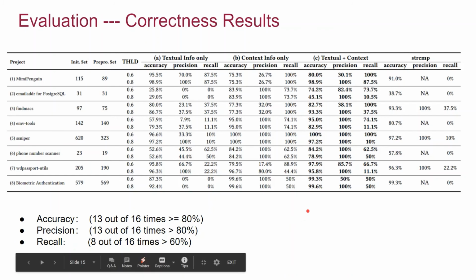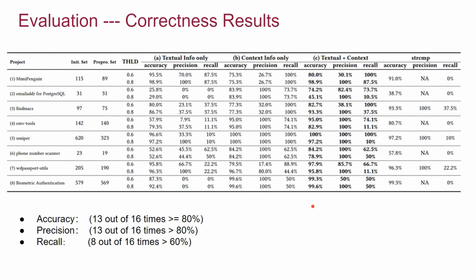It turns out VarSem, our solution, has a satisfactory result of accuracy, precision, and recall, because we consider both textual and context information. So our performance is better than solutions that only consider the textual information or only consider the context information. Besides that, we also evaluate a baseline. It's a simple string match function. Our performance is obviously much better than the baseline, the string match function.